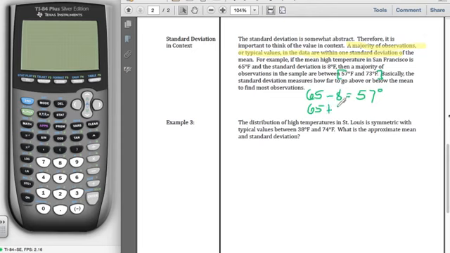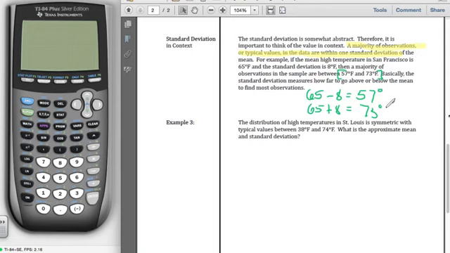If you take those same 2 numbers and add them together, that gives you the 73, your upper number. So most of the time, the high in San Francisco is between 57 and 73 degrees. Not every day, but most days. It could be a little bit lower, it could be a little bit higher, but that's where I expect most of them to be.